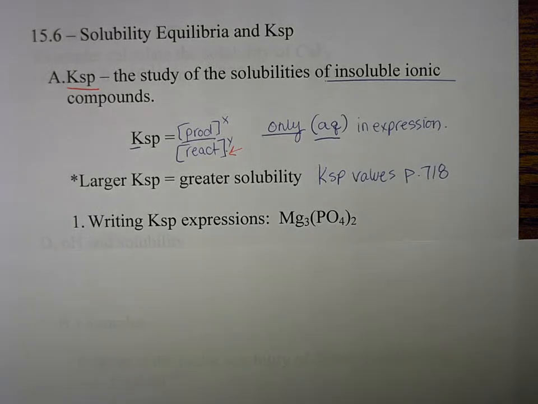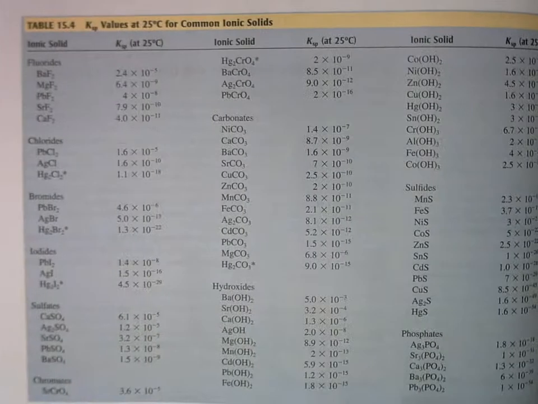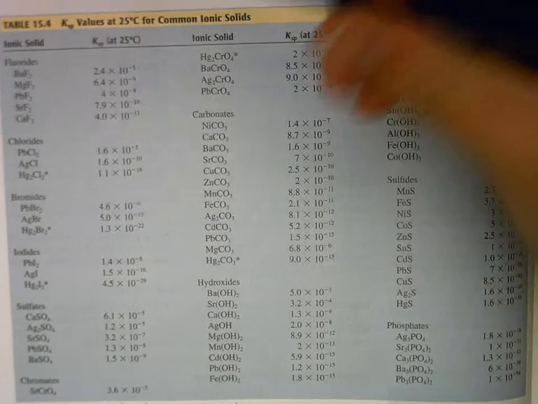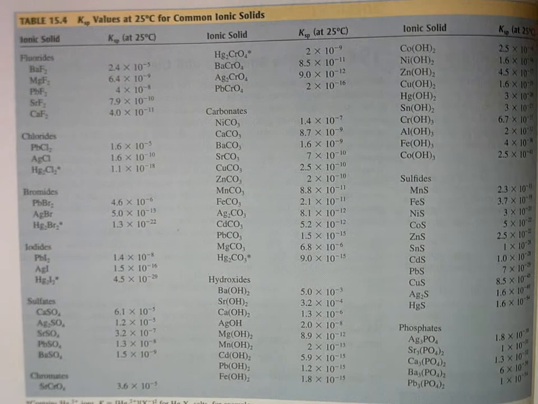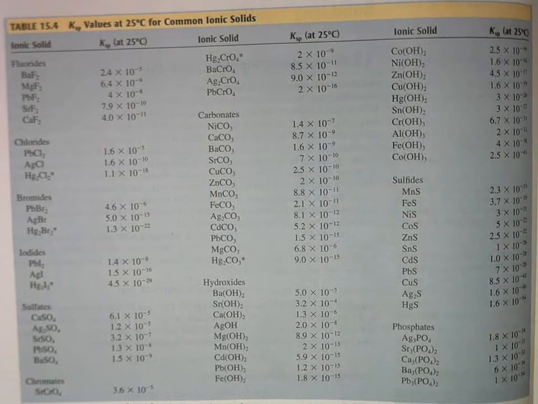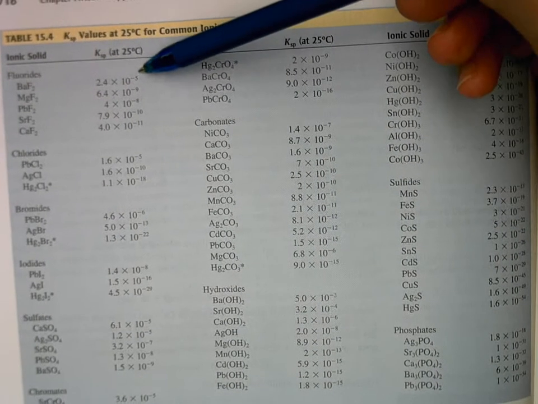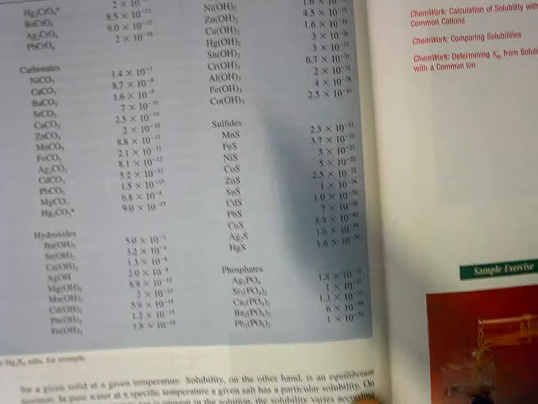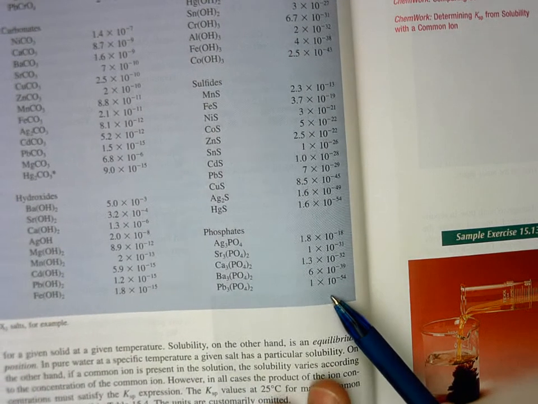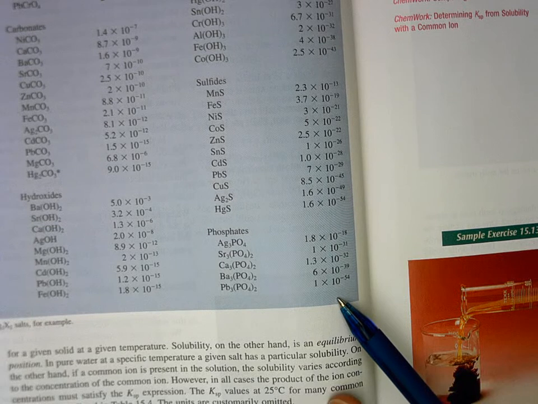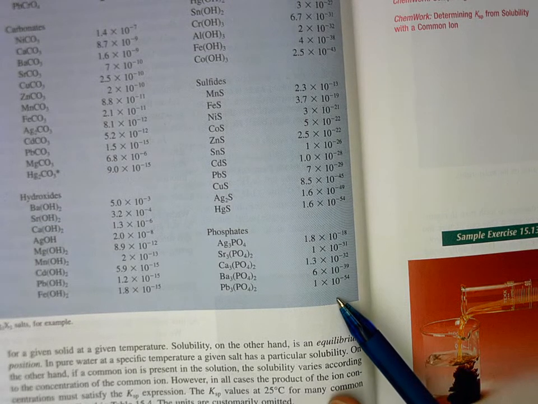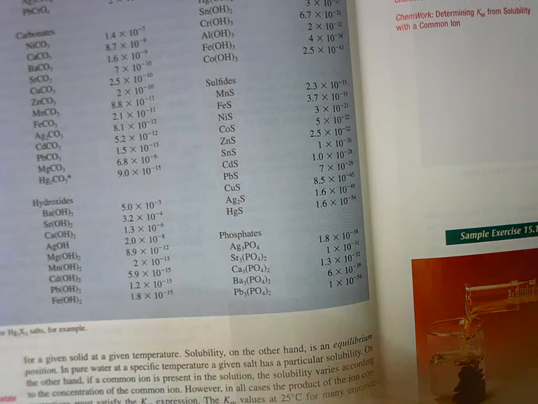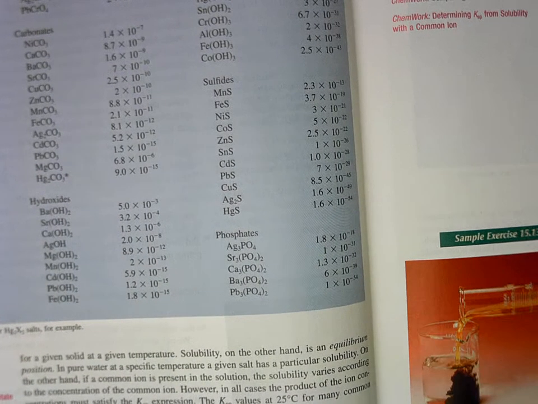So it's a ratio. So the bigger the KSP value, the more soluble that compound is. There's a whole long list here of everything that's considered insoluble and what their KSP values are. You can see the numbers go anywhere from like 2.4 times 10 to the negative 5, and then lead phosphate is 1 times 10 to the negative 54, which is a super tiny number. It's pretty much not going to ionize. Maybe a very tiny percentage of it will. So this tells you how much it's going to ionize in solution.